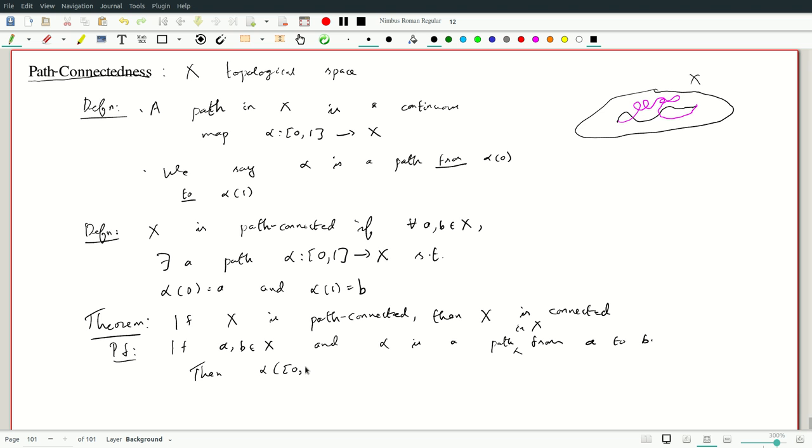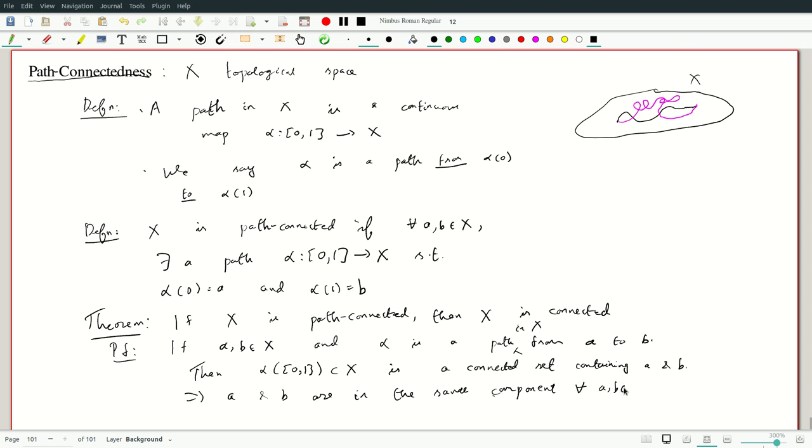So alpha of [0, 1] contained in X is a connected set containing A and B. So this implies A and B are in the same connected component. This is true for all A, B in X. That means there's only one connected component, which implies that X is connected. X itself has to be connected, otherwise there is more than one connected component.